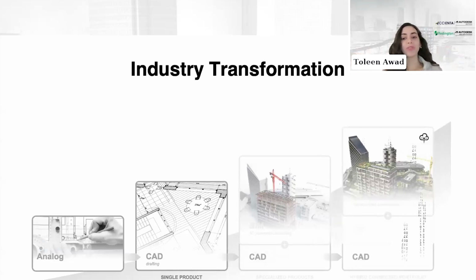It was moving from 2D to 3D with a model-based approach, and it was 3D parametric modeling for all disciplines in AEC. And finally, about 6 to 7 years ago, we started to connect the data in the cloud. And we believe that today, with COVID, connecting the data in the cloud is moving way forward, and all of the industries have adopted the concept.